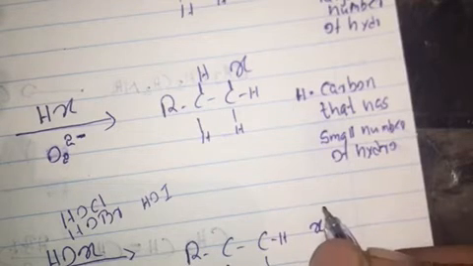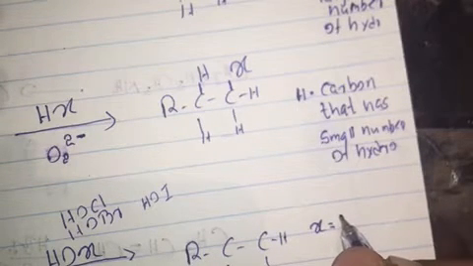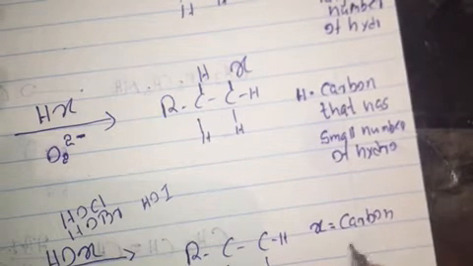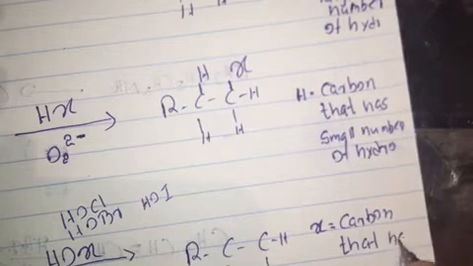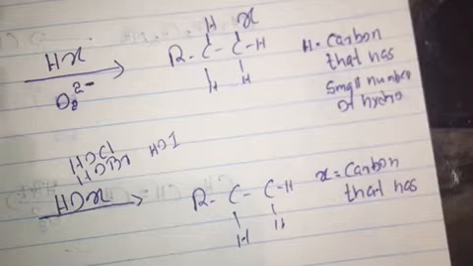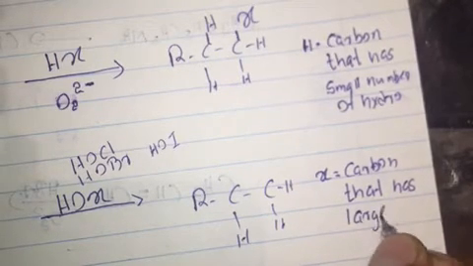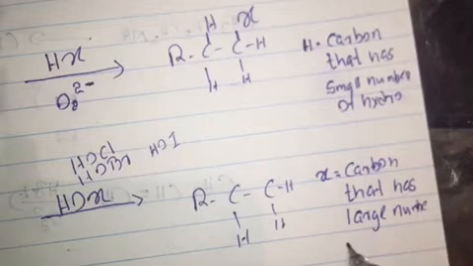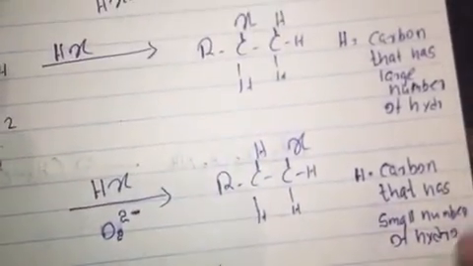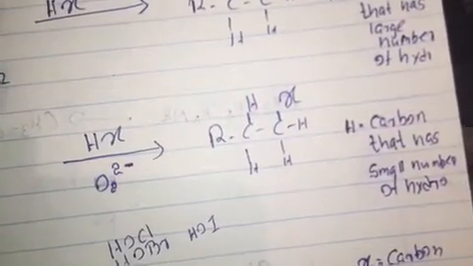This halogen group attaches to the carbon that has the larger number of hydrogens.